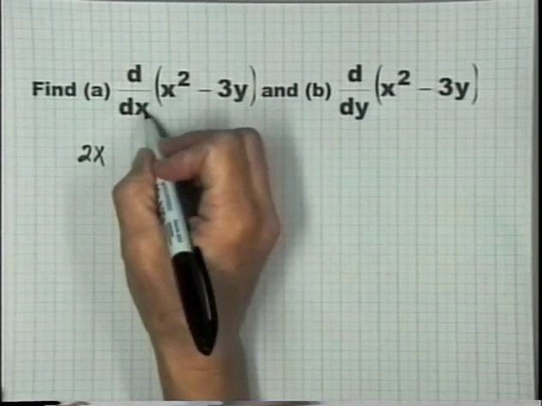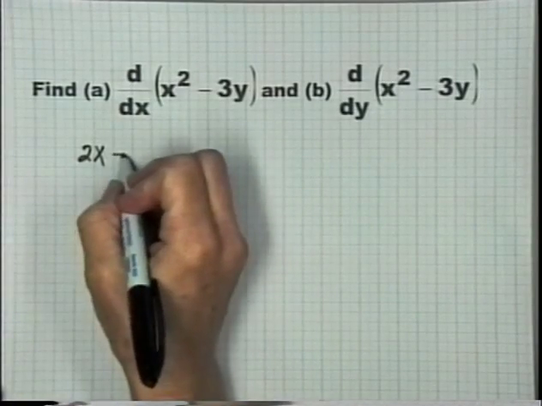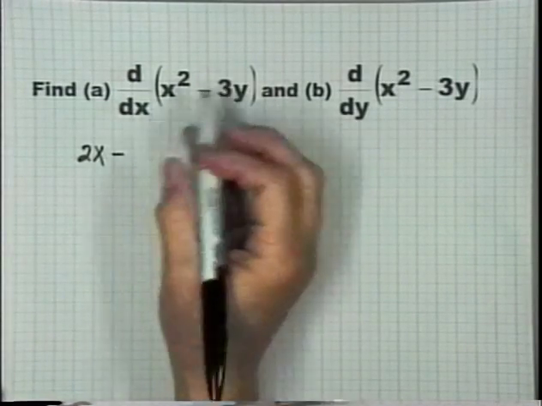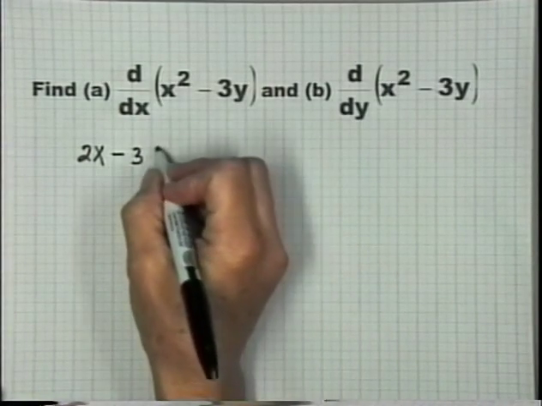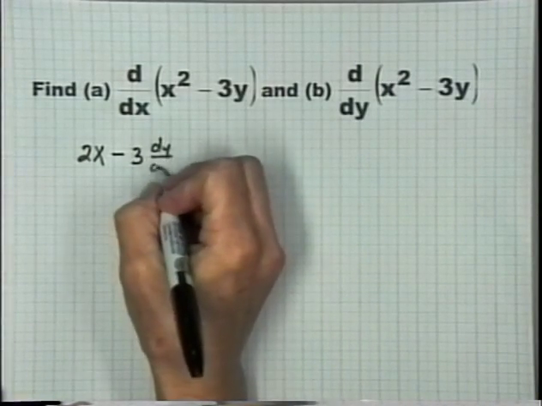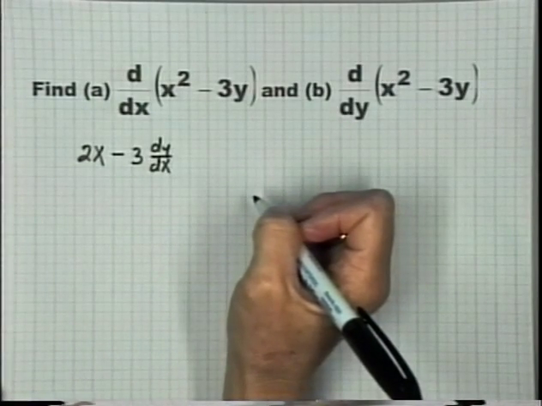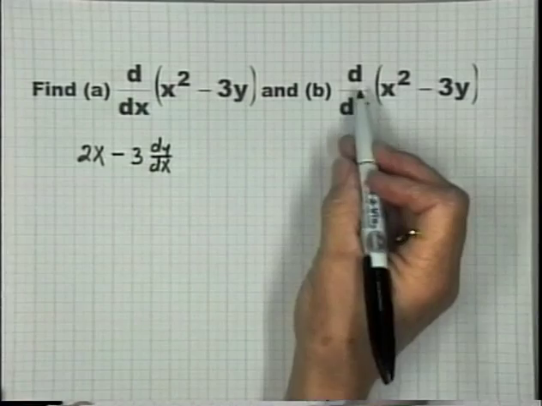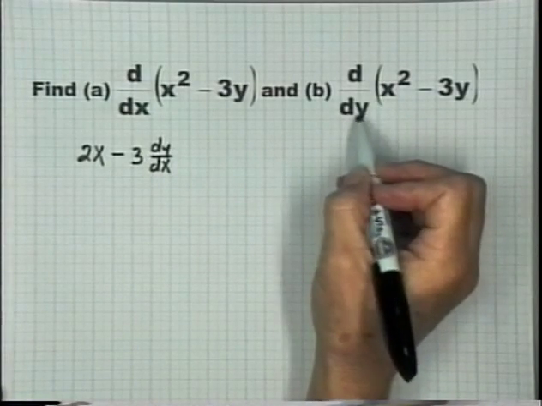The derivative of x with respect to x is a 1, so I don't have to write that down. Then minus. If you have a constant times a function, you do the constant, and then you take the derivative of the function. Since we're doing this with respect to x, I need the derivative of y with respect to x there. Okay?